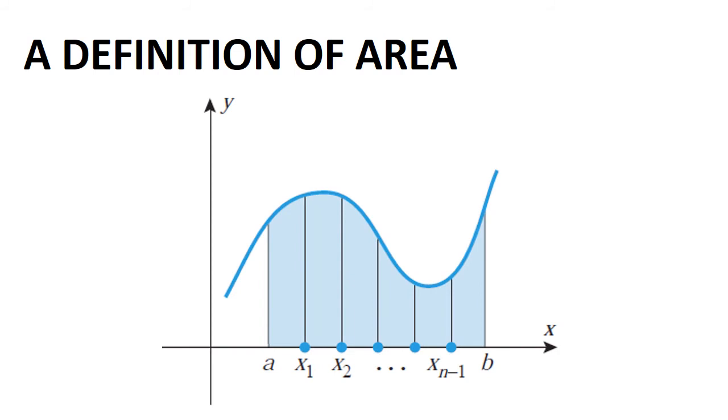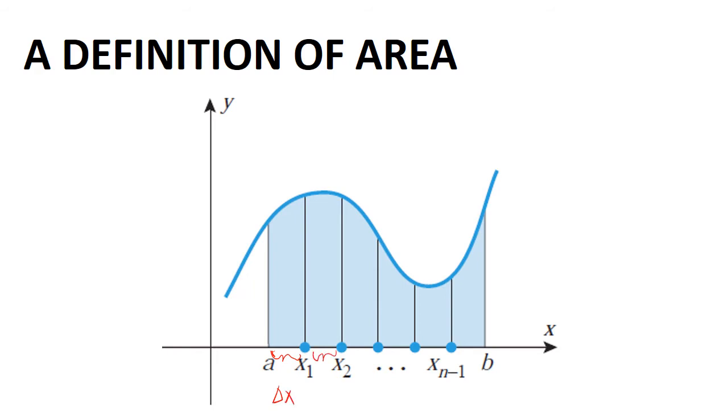Ang property ng mga rectangle strips na yan, or rectangle, is una, pipili tayo ng intervals between AB such that equal yung intervals. Ibig sabihin, yung from point A to x1 is equal ang distance. So, tawagin na natin siyang delta x.